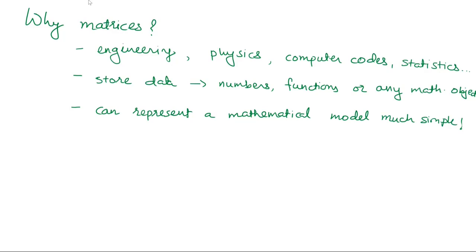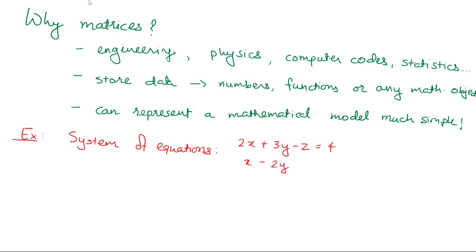Now let's consider an example where we have a system of equations. Let's say our first equation is 2x plus 3y minus z is equal to 4. Second one is x minus 2y plus 7z is equal to 2.